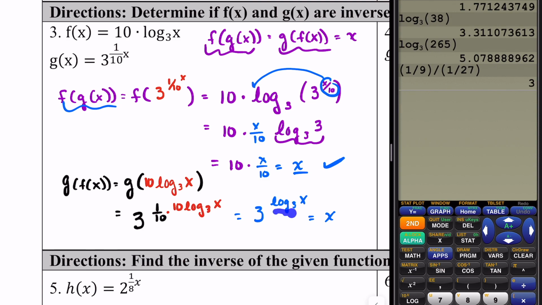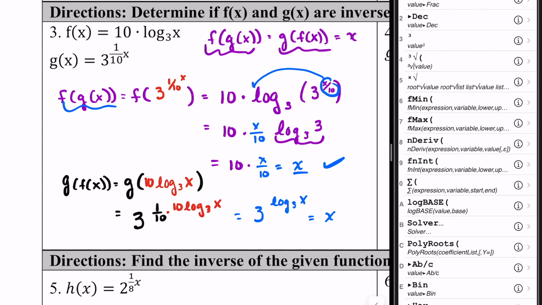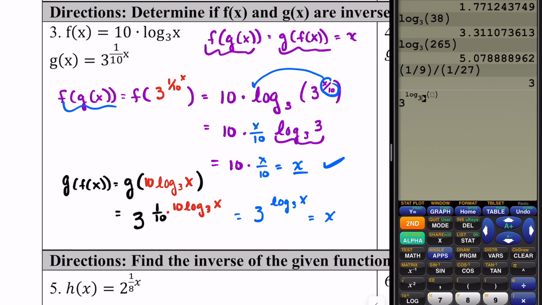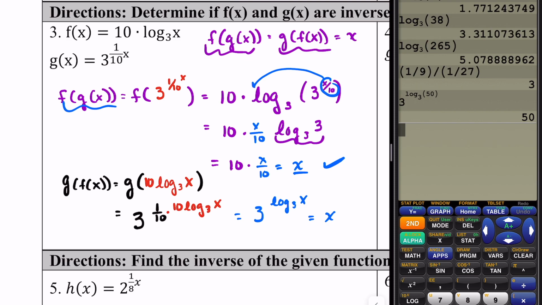Another way to look at this, I can show you on the calculator: 3 raised to the, and I use my math button here so I can get log base 3 of. You can put anything in there you want, like 50, for example, and you'll see it just gives you 50.